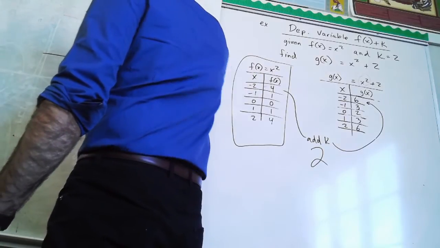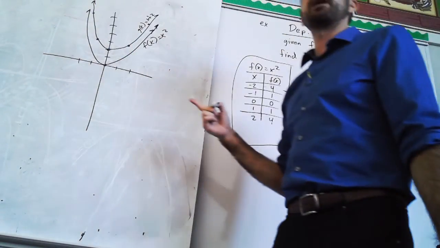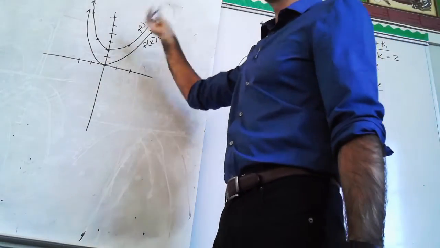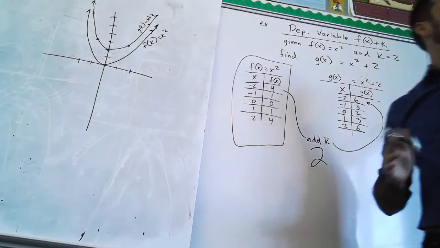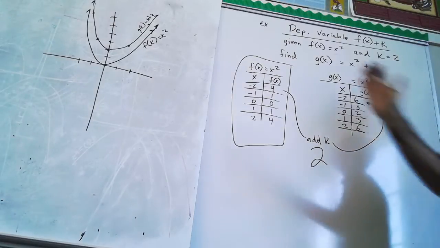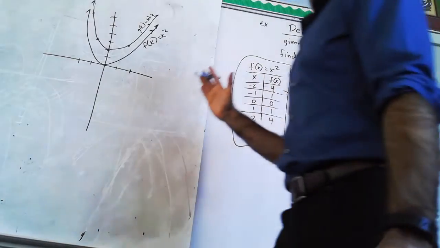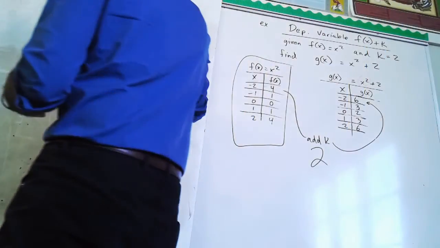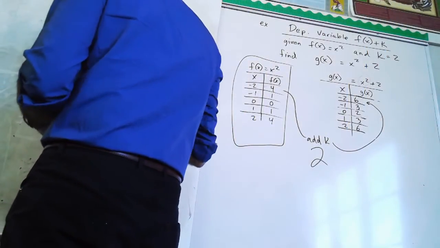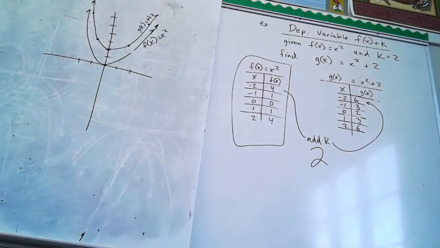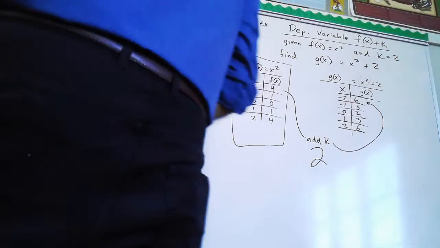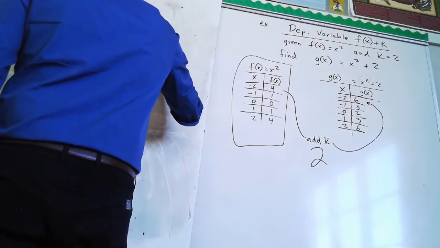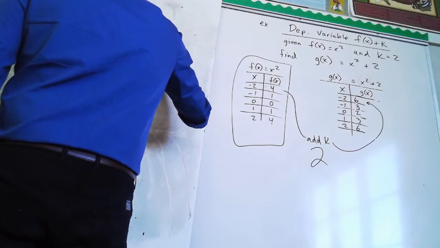So what is the difference between those two graphs? What was the difference between the x squared, where it starts at the origin, and the g of x? What happened? What kind of shift did we have? Was it left or right? Up how many? Good. So I would say that this had a shift up by 2.